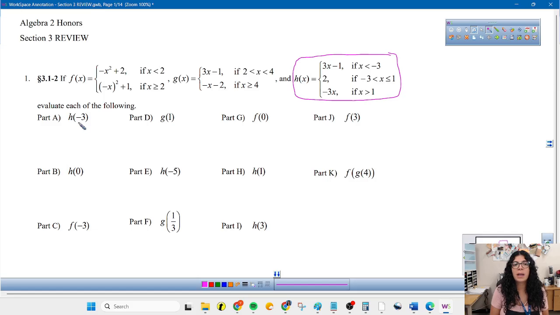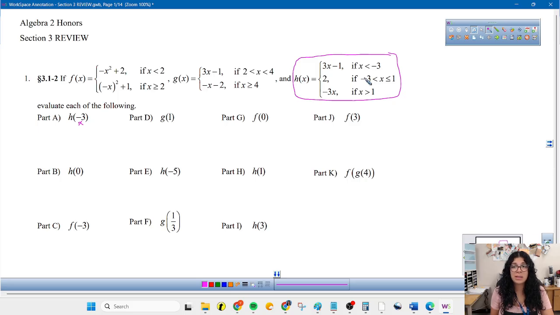Now, since the x value is negative 3, which of these equations is that domain actually matching for? I'm using the first equation when x is less than negative 3. Negative 3 is not less than negative 3. I'm using the second equation when it's between negative 3 and 1, but not including negative 3.